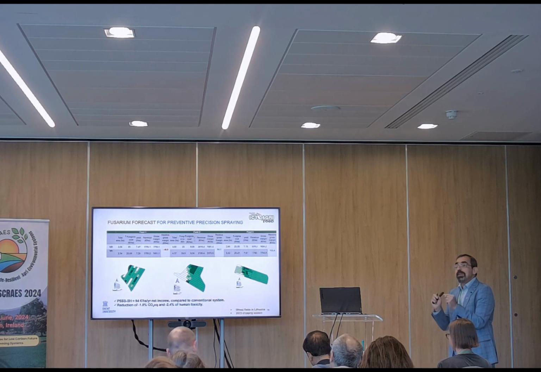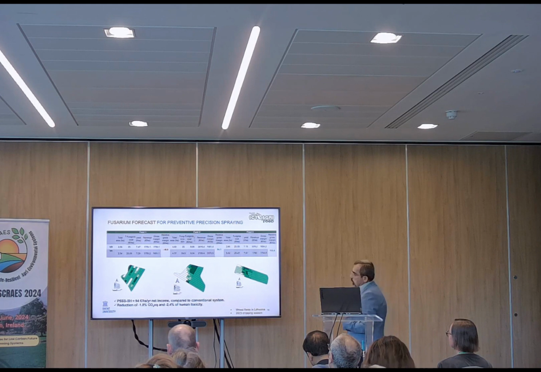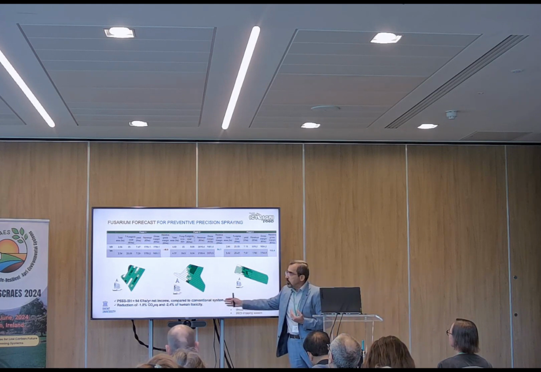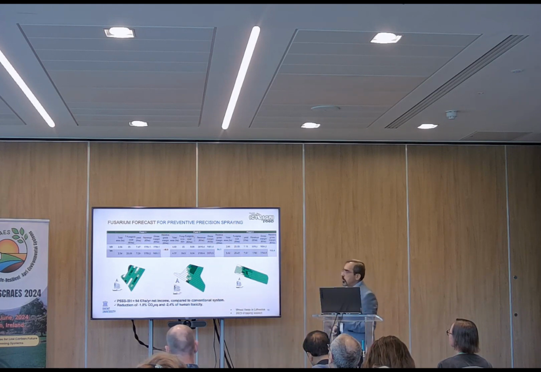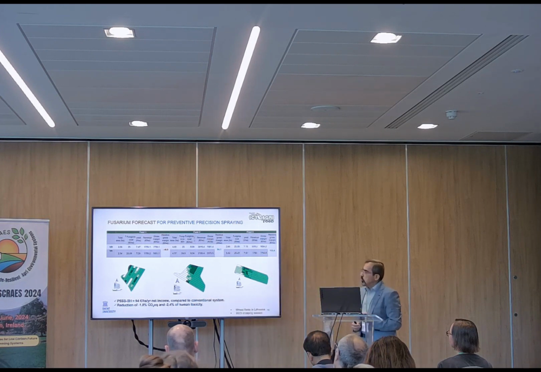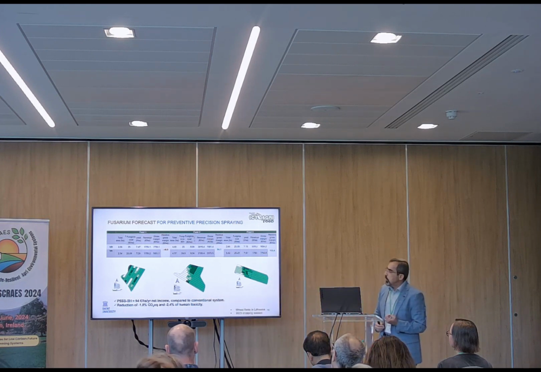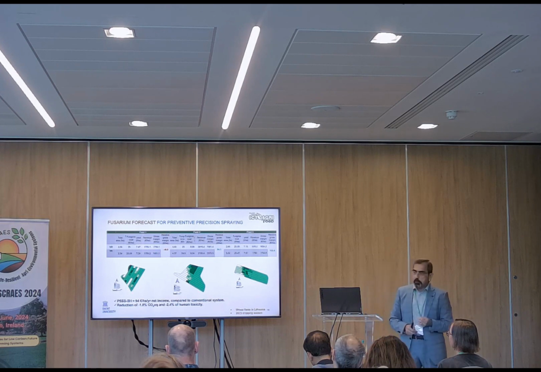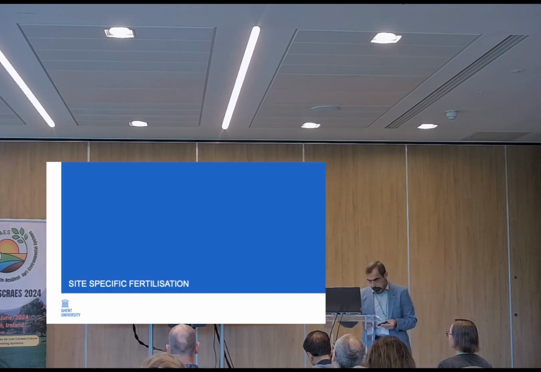I'm talking about mycotoxin healthy or non-healthy products. By combining those, we have seen the net income or profitability could be 94 euros per hectare per year. But we have also seen a reduction in carbon dioxide emission by almost 2% and a reduction of human toxicity by 2.4% by running a life cycle analysis.